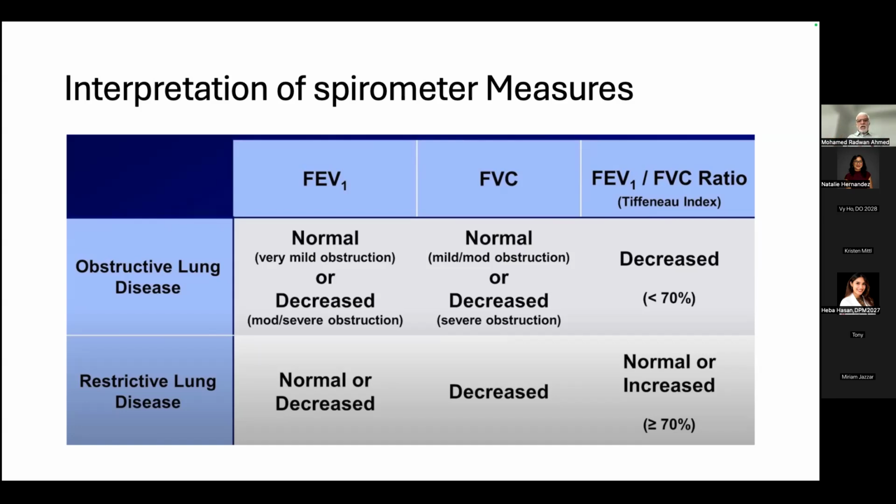If you get a normal or increased ratio, it is restrictive: 70% or more. If it's less than 70%, it's obstructive lung disease. Okay? Any questions? Okay, if you all understand this, this is good.